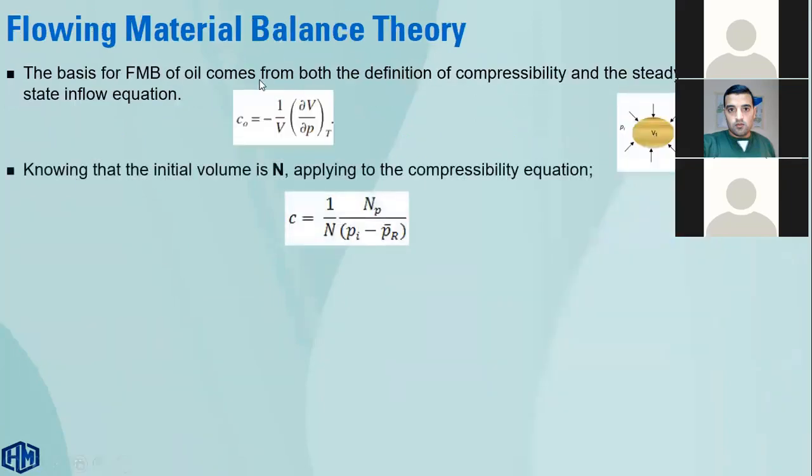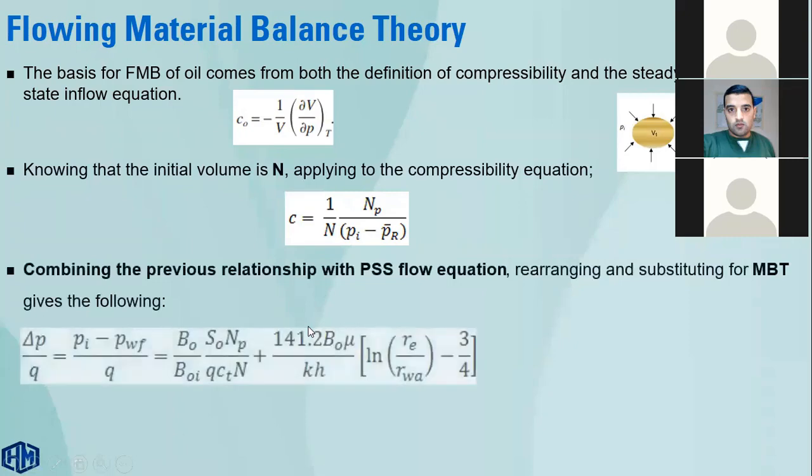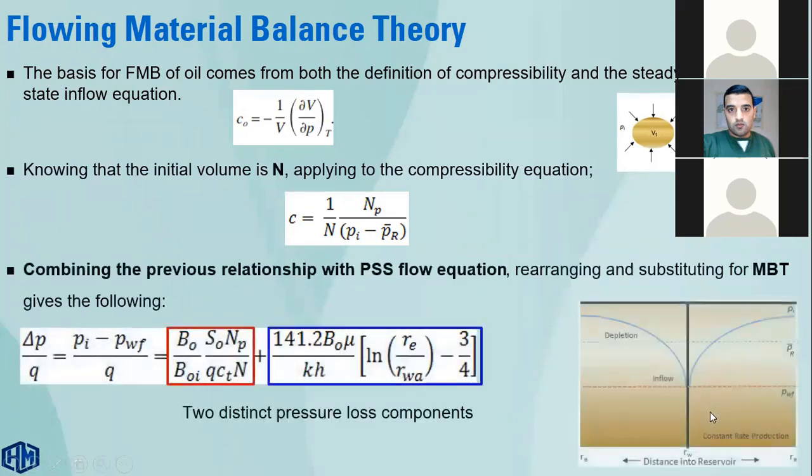Simply, the flowing material balance is dependent on the definition of the isothermal compressibility. As you can see, it is the rate of change of volume with pressure relative to the initial volume. As you know, the initial volume is N or the STOIIP. So we can apply this equation again to get this, and after combining, rearranging and introducing the material balance time, we get this equation.